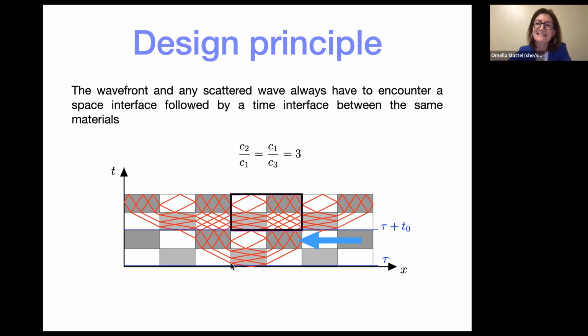So the wavefront satisfies the design principle, but the scattered waves do not. If you look at the characteristic lines in the dark gray region, you see that those connect space interface to space interface. That means that in special situations where the gammas are chosen properly, these will not cause any problem and you will still have a constant amplitude, but in other cases that will fail.